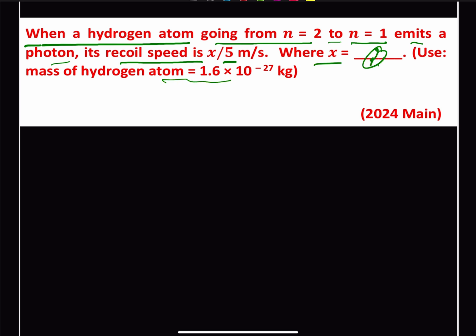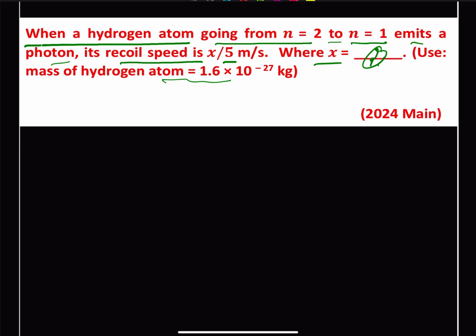Mass of hydrogen is given to us. So we can first of all find out the energy, and from there we can find out the momentum, and then we can use the formula for momentum, which is mass into velocity.